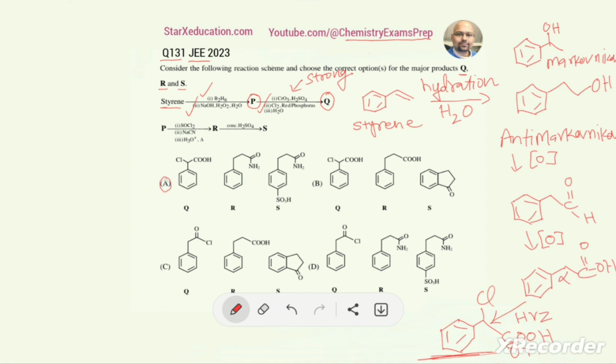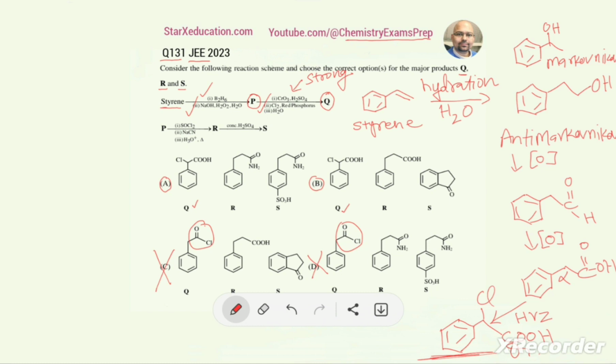So choice A, the Q is correct. Choice B, Q is also correctly drawn there. In choice C, it's incorrect, so we can quickly eliminate choice C. Same way we can eliminate D, as this is not the correct structure of intermediate compound Q.